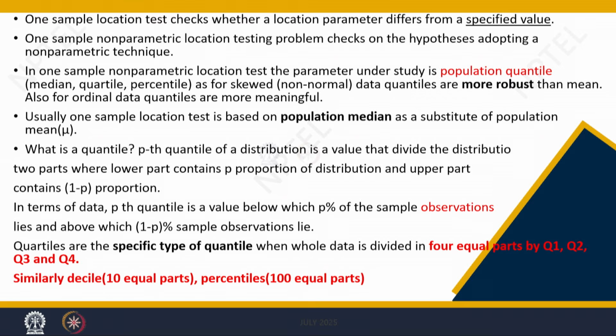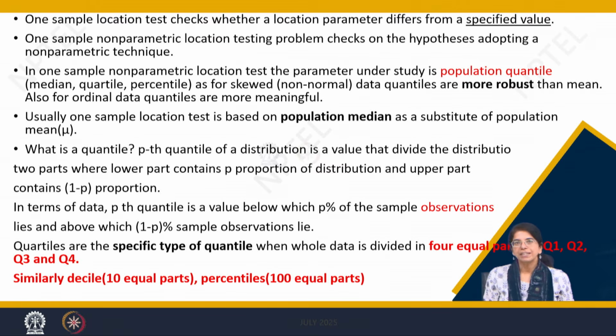Later on we will study the one sample scale problem as well. A one sample location test checks whether a location parameter differs from a specified value. The one sample non-parametric location testing problem checks the hypothesis adopting a non-parametric technique, and that is why it is called the one sample non-parametric location problem.